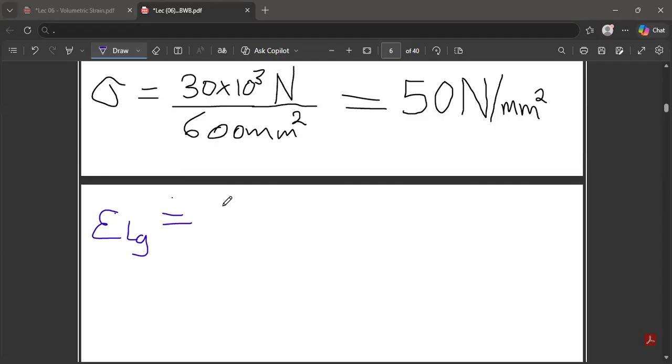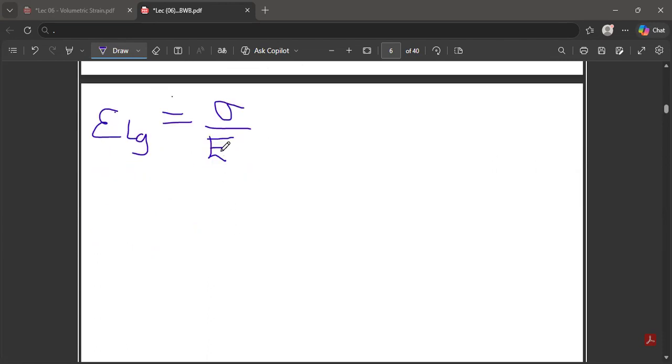So I'm denoting it over here. That is the stress over the elasticity. Okay, good. Better still, I could write it in full to enhance understanding. So this is the stress over the elasticity.